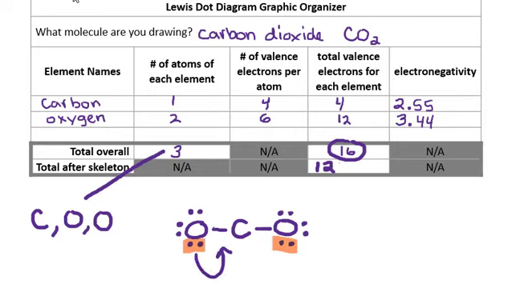Both oxygen atoms will donate one of their electron pairs to form a double bond with the carbon atom. Now, if we check each atom to see if it has the electrons it needs, everything looks good. This oxygen has 8, this oxygen has 8, and this carbon has 8.